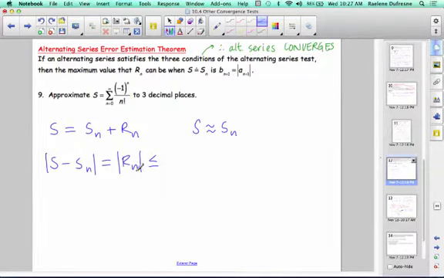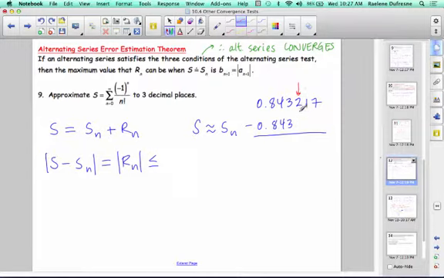Well, in order to find out what this bound is for Rn, I need to know how do these numbers subtract to be accurate to 3 decimal places. So if I have a number that is 0.843217, for example, and let's call that S, and I subtract a value, and I want it to be accurate to 3 decimal places, that means that the 8, the 4, and the 3 have to be the same. Which means that the first decimal place where they can be different is the 4th one.